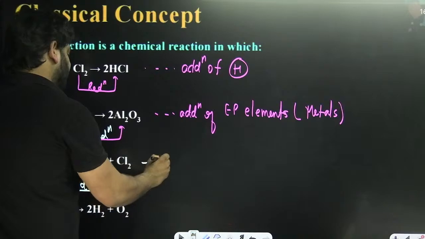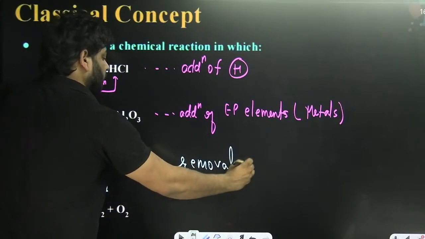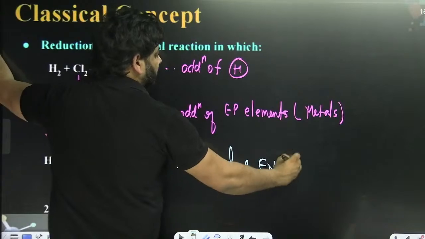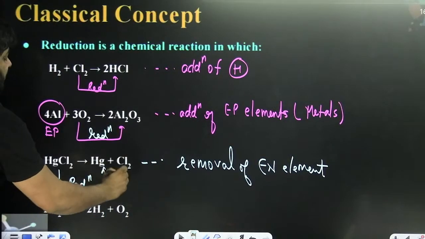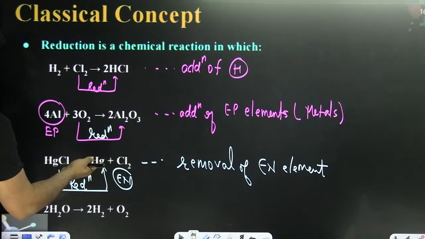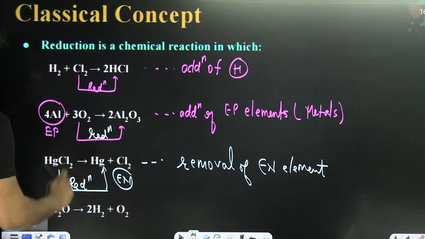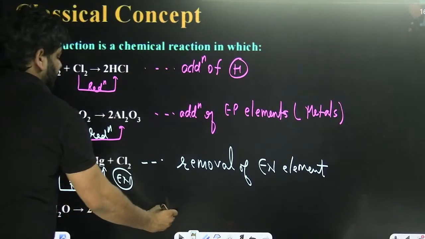So what we are doing is removal of an electronegative element. Now tell me which one of them is the electronegative. Out of mercury and chlorine, chlorine is electronegative. So once the electronegative has been removed, the remaining part is electropositive Hg. So in HgCl2, Hg is the removal of electronegative. Similarly, we also say removal of oxygen.